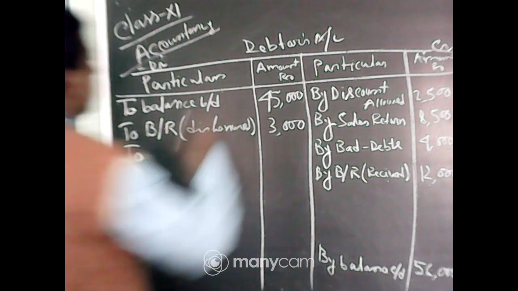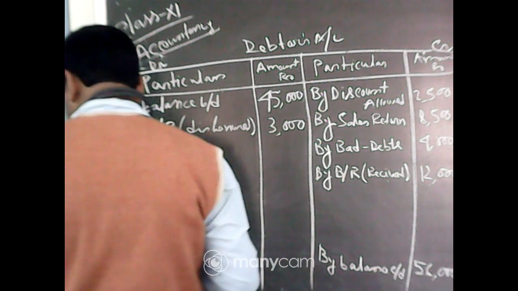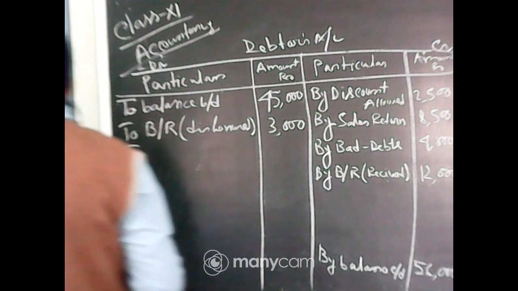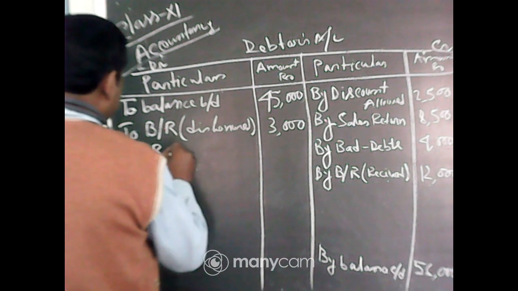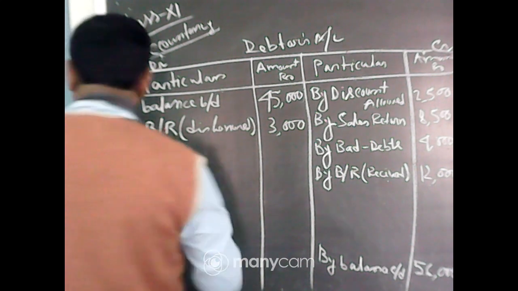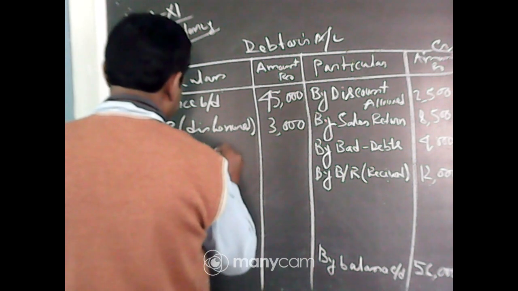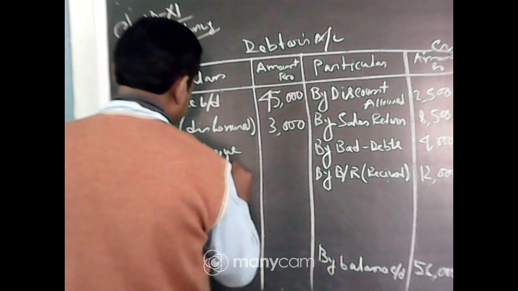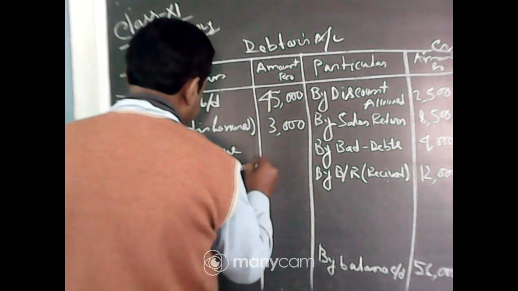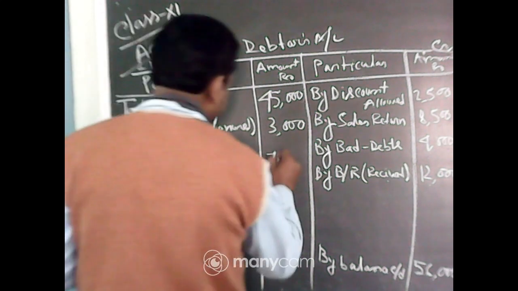So we again debited the debtors and credited the bank, check dishonored. That is 7,700.